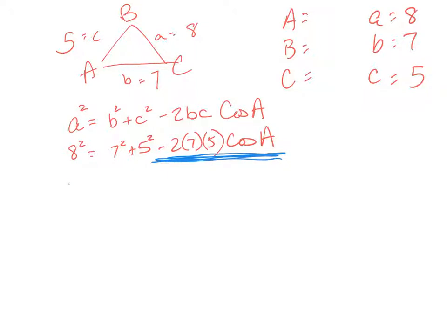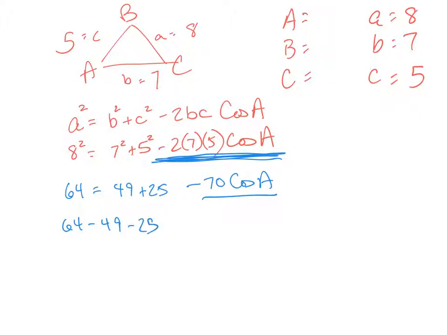So we have 64 equals 49 plus 25, and then we combine those. That's going to be minus 70 cosine of A. Now we take 64 minus 49 minus 25 equals negative 70 cosine of A. Do not combine that 70 with the other numbers because it is stuck onto that cosine of A.